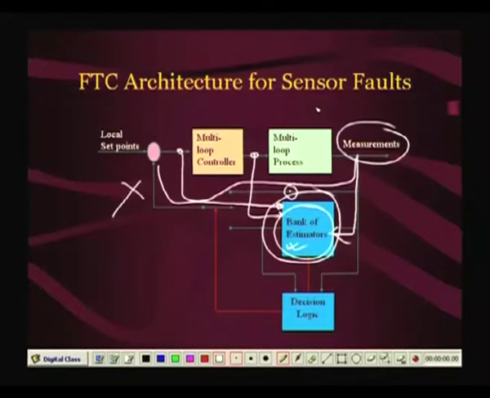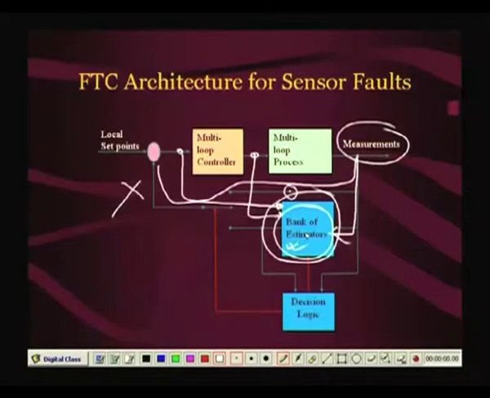Normally in a process there could be a large number of measurements, it's not that there is only one sensor there. So, the question is, can we construct estimators such that we can calculate the value of a particular sensor without using that sensor, and it turns out that we can.